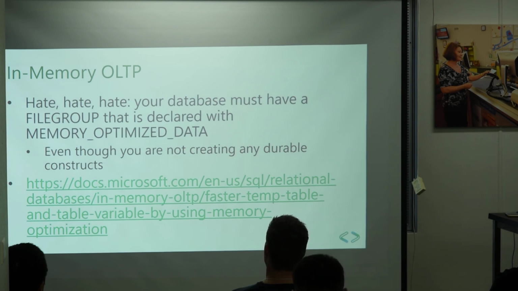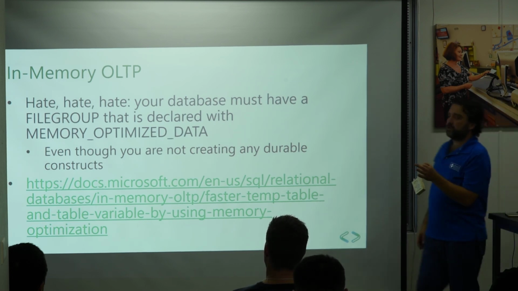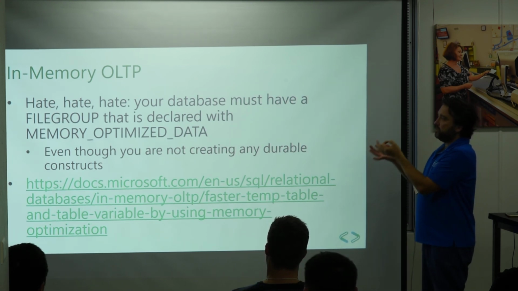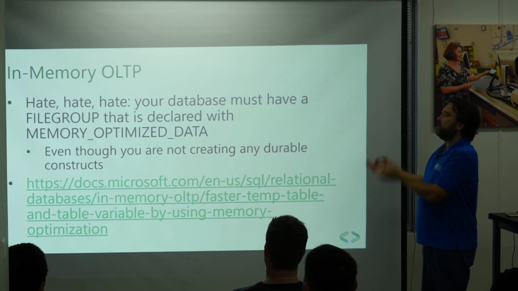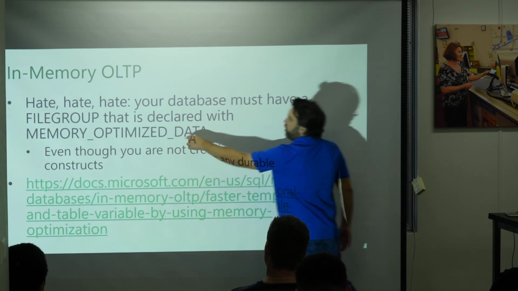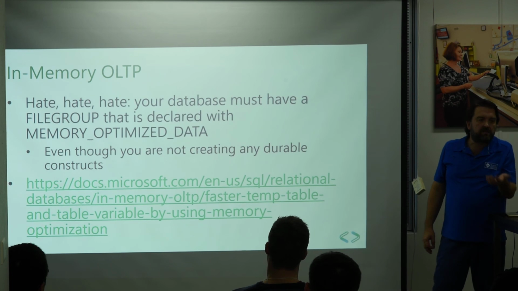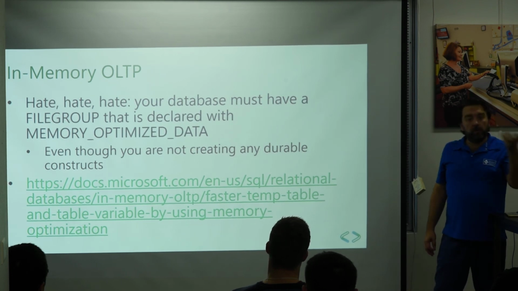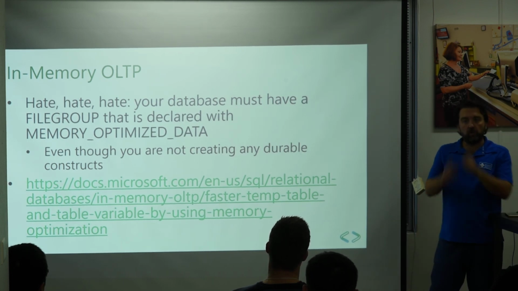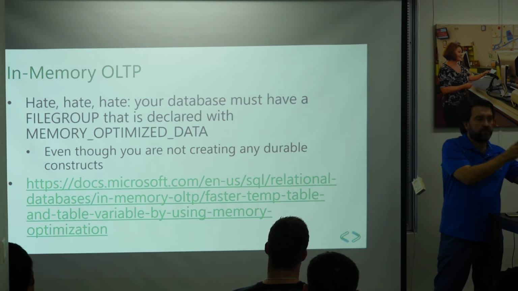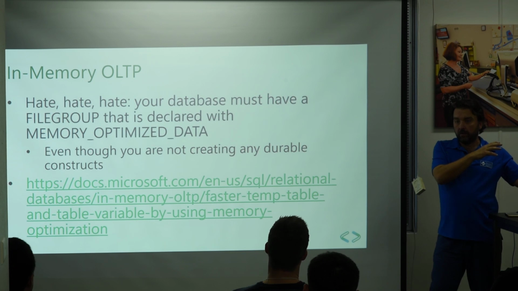The thing that I really hate, and I said to Microsoft, and Microsoft again said no, is that when you want to use these particular structures inside a database, you still have to create this memory optimized data filegroup, even though you don't have any persistent or durable in-memory OLTP structures. So all I want to do is just use this for variables. I don't want to use this for in-memory tables, be they durable or not.